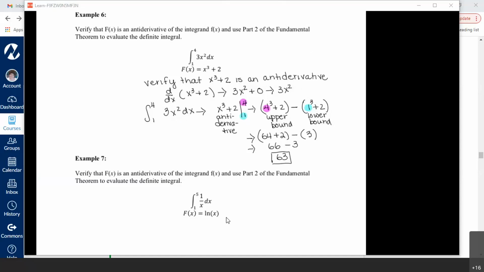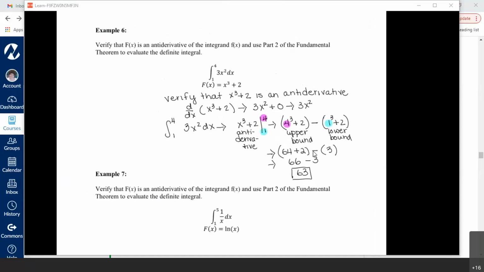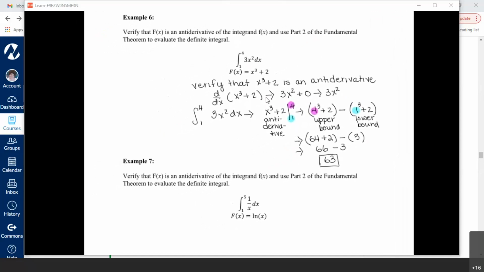One thing I want to show you for those of you who have a TI-84 is that your TI-84 will evaluate definite integrals within constraints. Remember we said if your graph goes below the x-axis, the definite integral has a negative sign below the x-axis, so it'll net out your area.